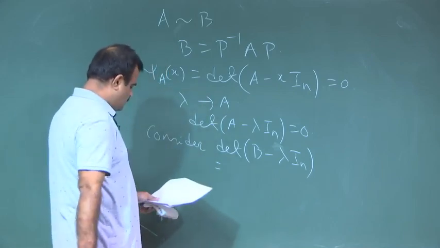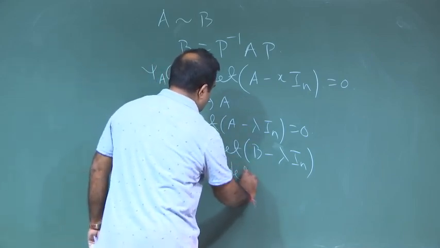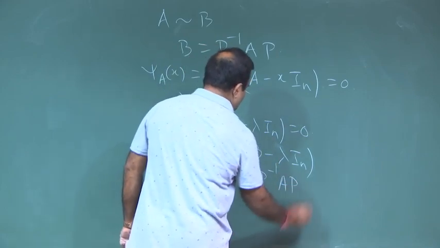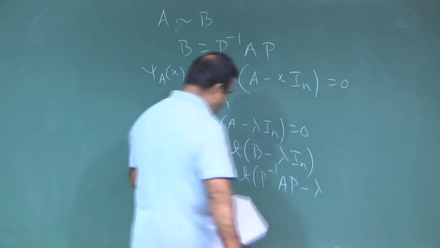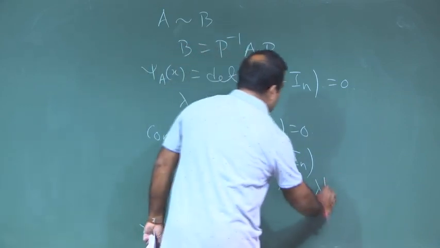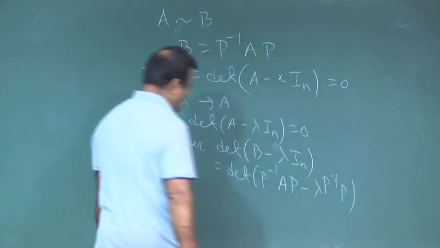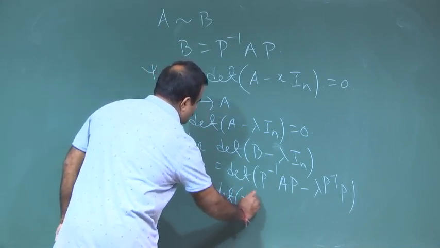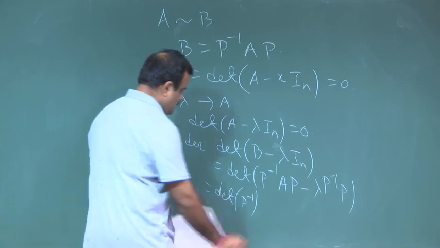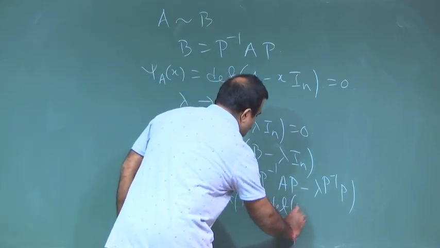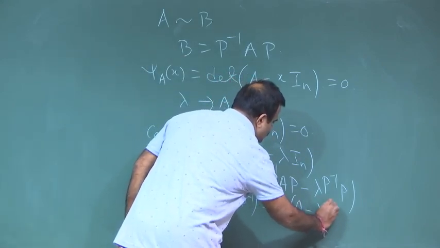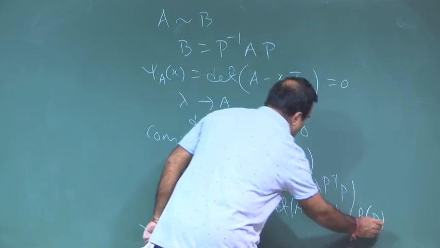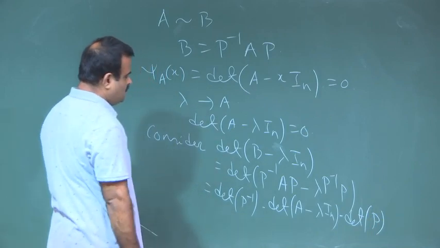This determinant, det of B, is P inverse A P, and lambda I n we can write as lambda P inverse P. So this is det of P inverse into det of A minus lambda I n into det of P, and det of P inverse times det of P gives us 1.